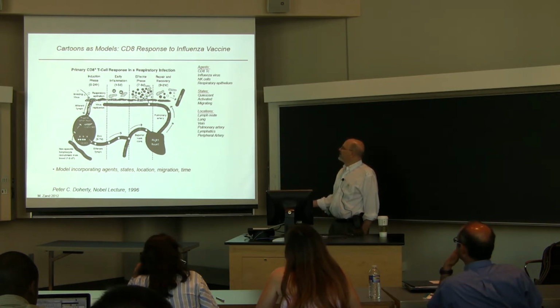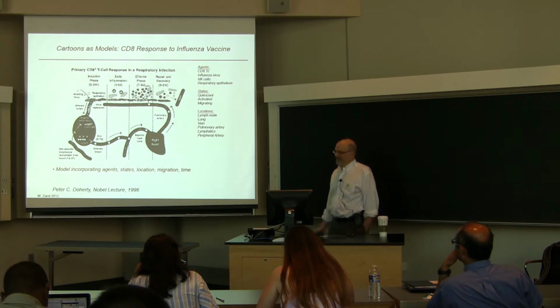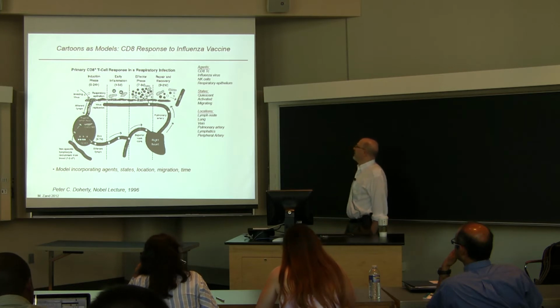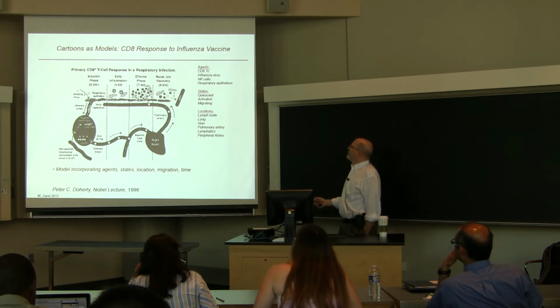And you can see that he's got this pictorial diagram, which is beautiful because it includes both time as well as states of immune cells, individual agents, and a spatial and state representation of the CD8 immune response. So what are the various pieces?